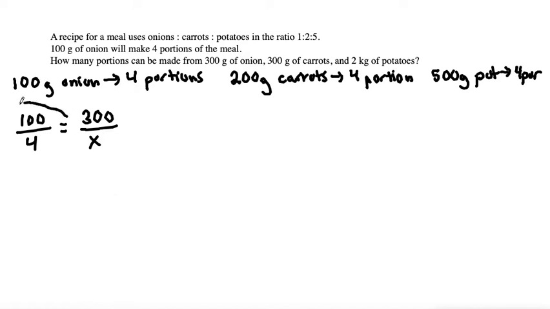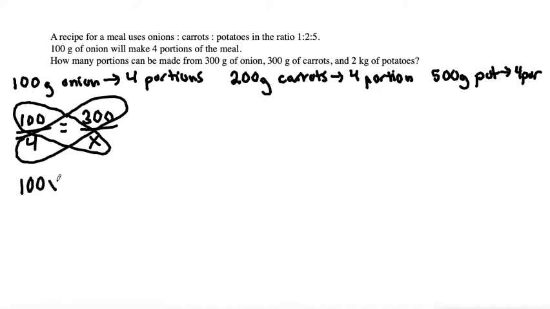Solving this using our butterfly or cross multiplying strategy, we get 100x is equal to 4 times 300 is 1200. Finishing solving for x, we would divide by 100, which gives us x is equal to 1200 divided by 100 is 12. So what this tells us is that if we have 300 grams of onions, we could make 12 portions of the meal using all 300 grams of onions.